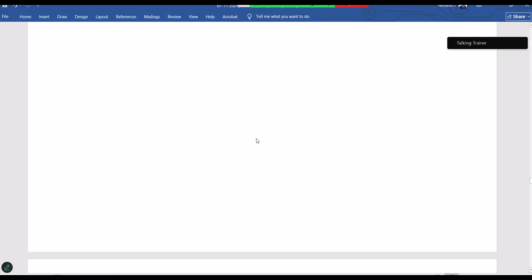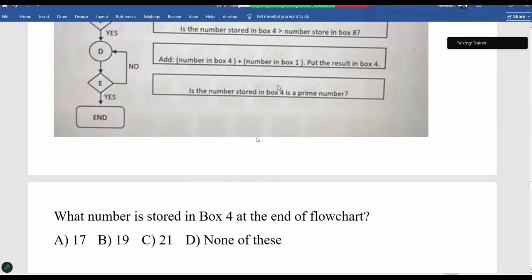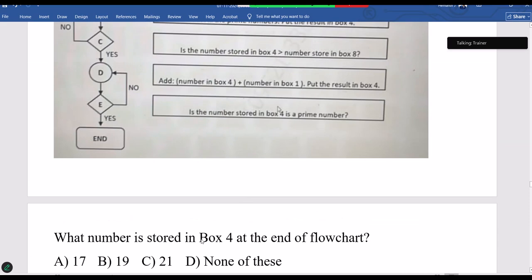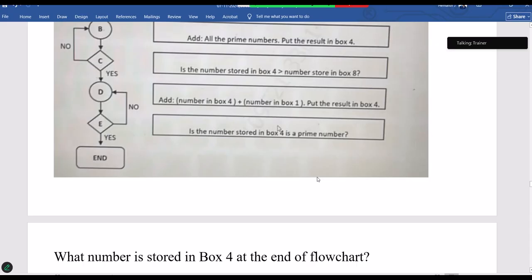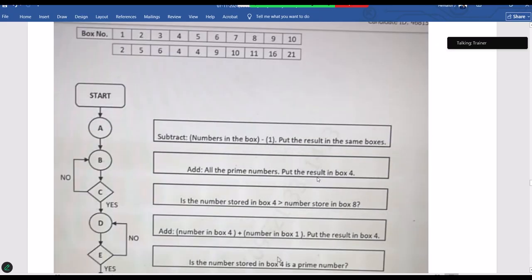Next, they'll ask a couple of questions. I showed you only one so that you can do more and more. So what is the question for this? The number stored in box 4 at the end of the flowchart.